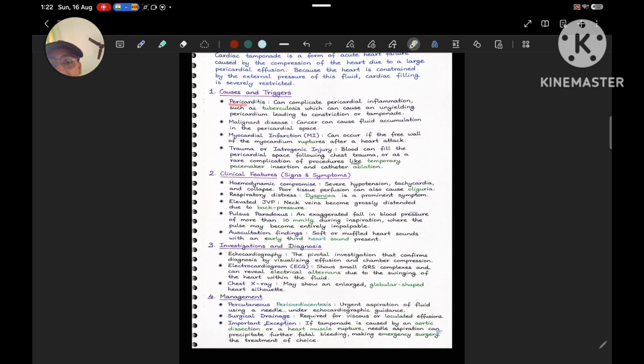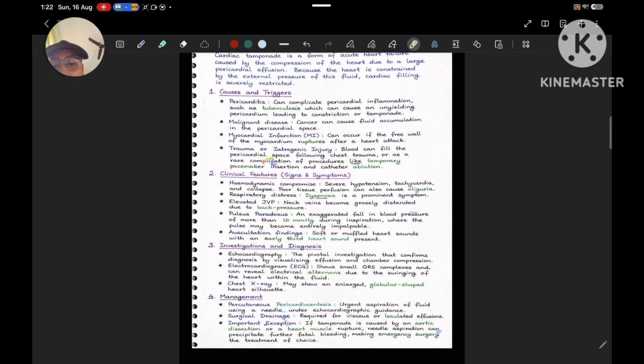So we can see here the causes: pericarditis, malignant disease, myocardial infarction, and another is trauma. Any trauma causing pericardial space filling, where blood fills the pericardial space following chest trauma.